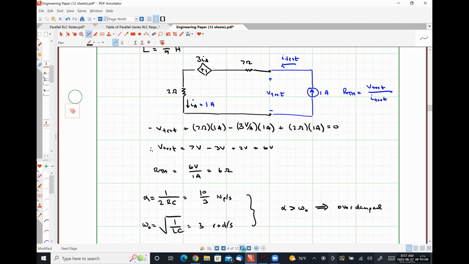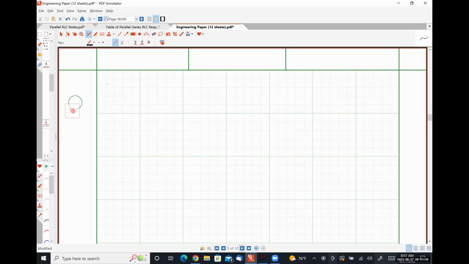Okay, so at t is equal to 0 minus, our switch is closed.